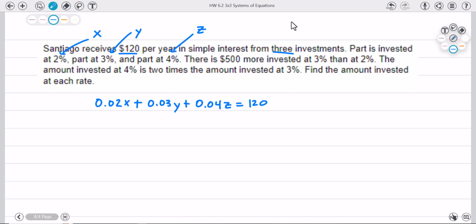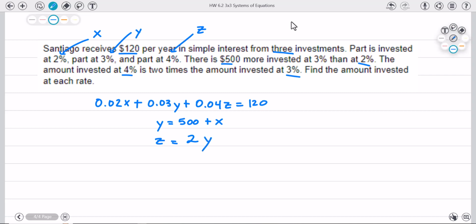And then it also says there's 500 more invested at 3%, so the 3%, which is Y, is 500 more than the 2%, which is X. And then finally, the amount invested at 4%, which is Z, is 2 times the amount invested at 3%, which would be Y.